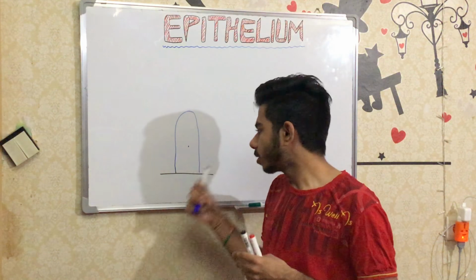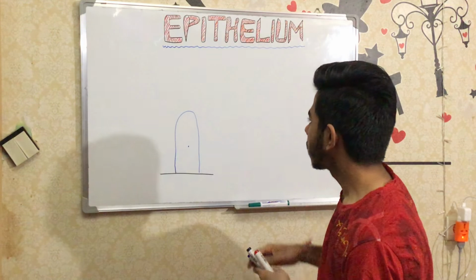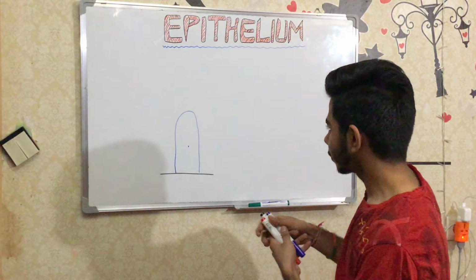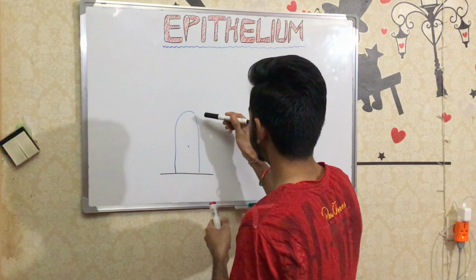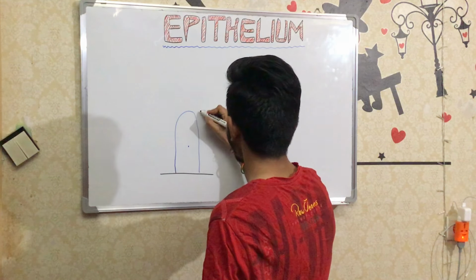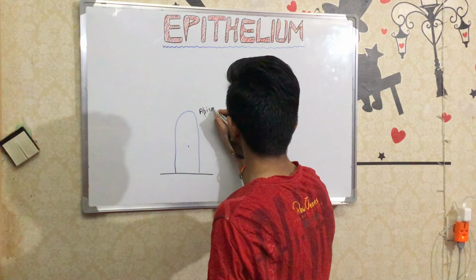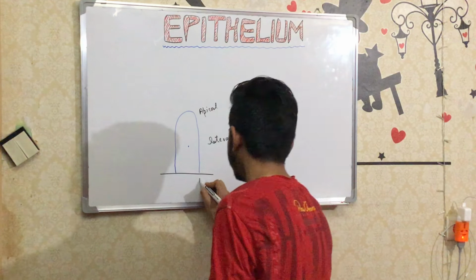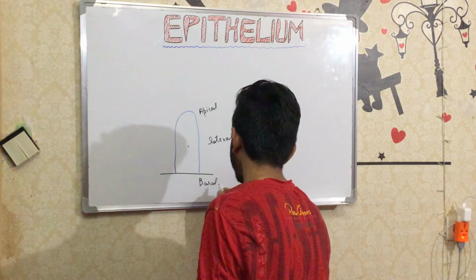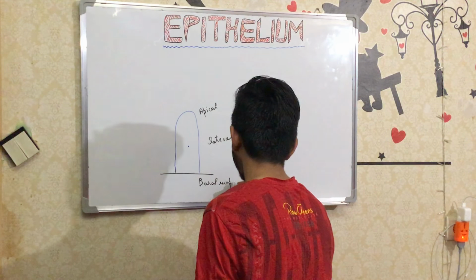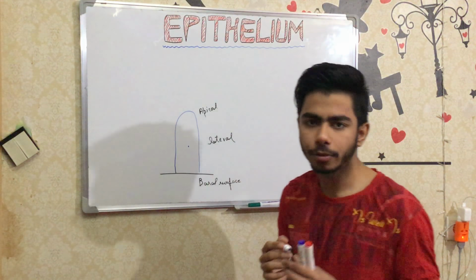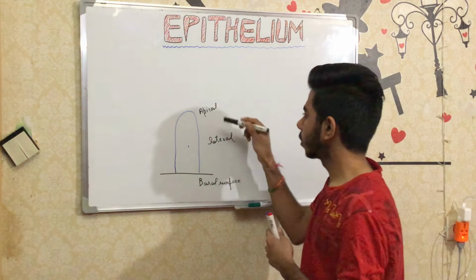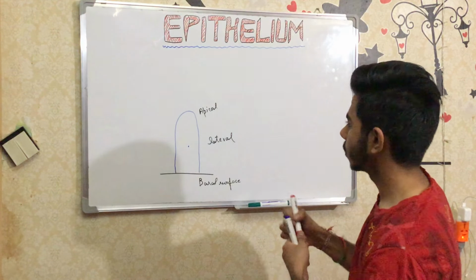Then we will talk about the lateral and basal surface. Okay, so in the apical surface, what structures are present?